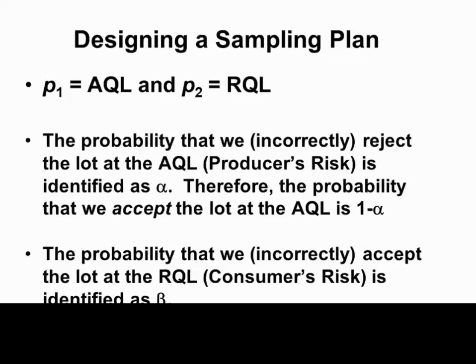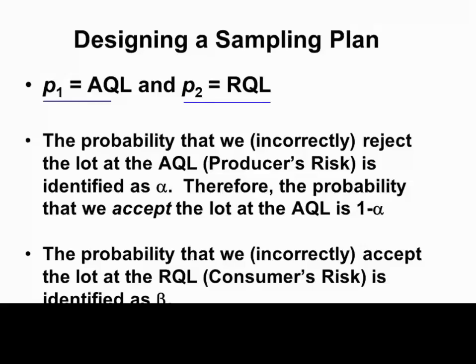So I'm going to define the acceptable quality level as P sub 1 and the rejectable quality level as P sub 2. I'm really going to need two equations because I need to calculate N, the sample size, and C, the acceptance number. Those are my unknowns. That's what makes up the sampling plan, as we talked about at the beginning.